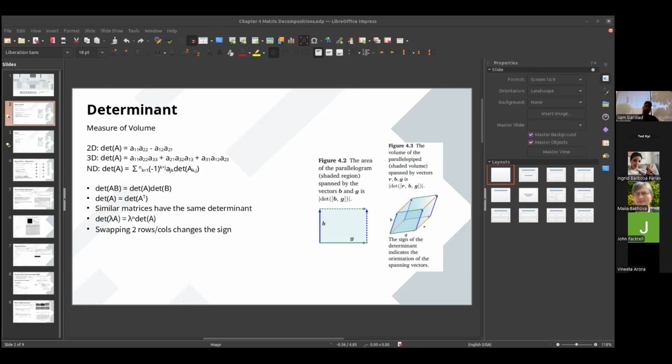That's a sign that you've lost rank, and as soon as you lose rank and go many to one, you can't invert that operation. Just like x squared: I can map 3 to 9 and I can map -3 to 9, but when you have 9, how do you go backwards? You just can't, because you lost some dimensionality there. So that's how what both of you said about the geometric intuition applies to invertibility of the matrix.